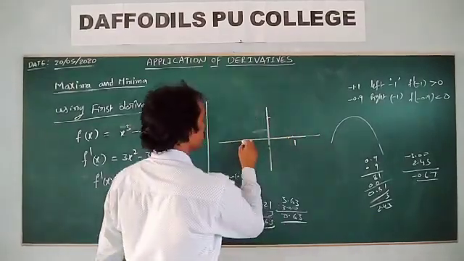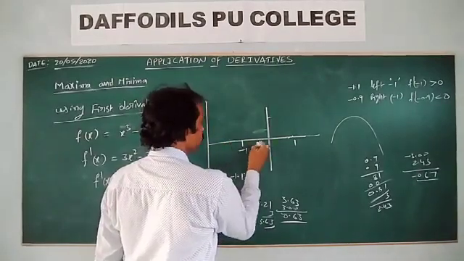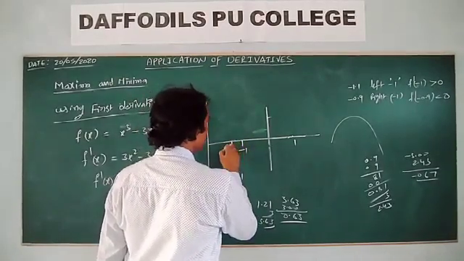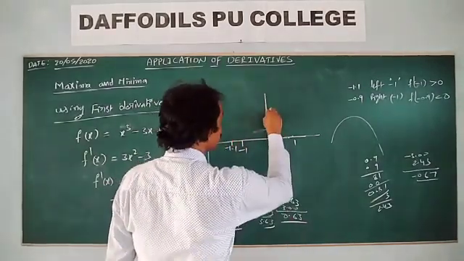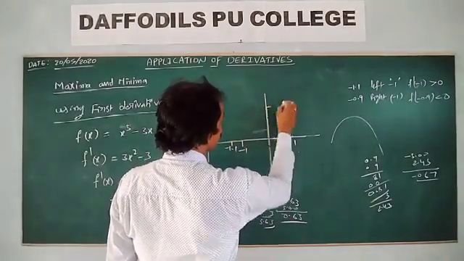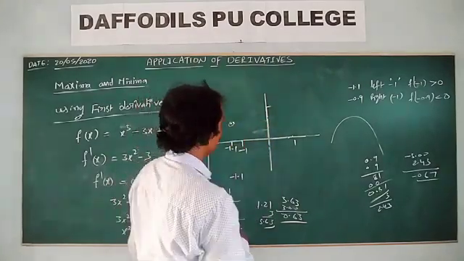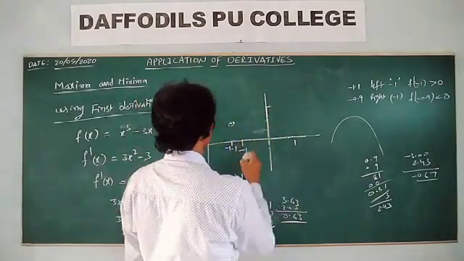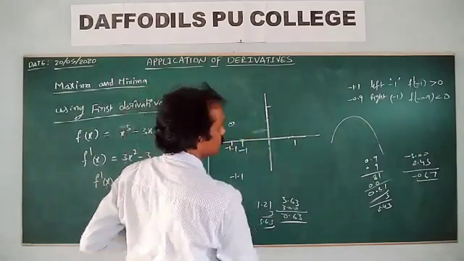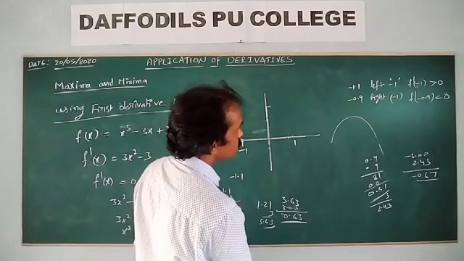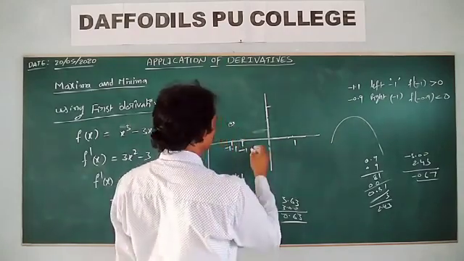Clear graph. At minus 1, suppose this value minus 1.1, minus 0.63. Suppose this is 0.63. If you take here 0.63, right, and minus 1 means 0, right, and next, what is this value? The minus 0.6.